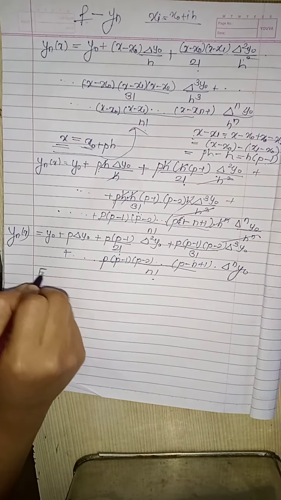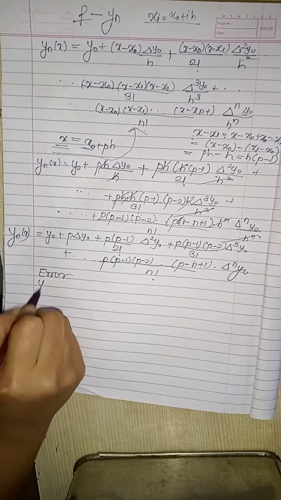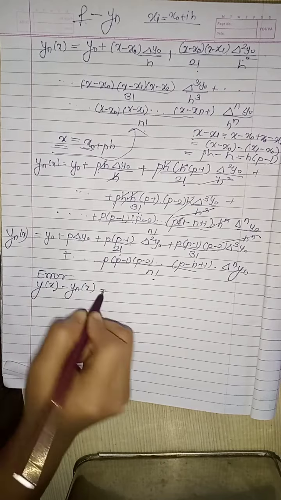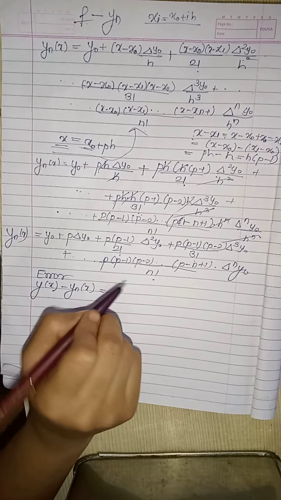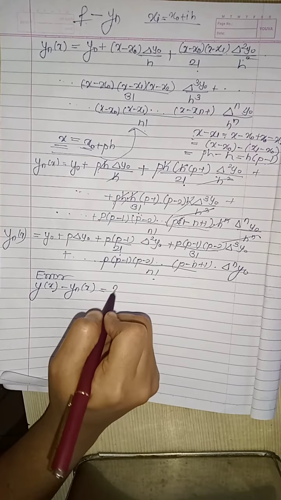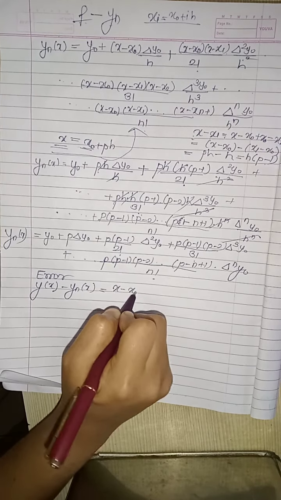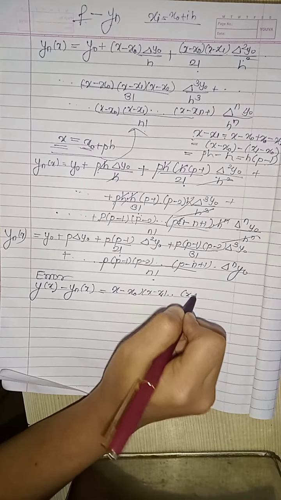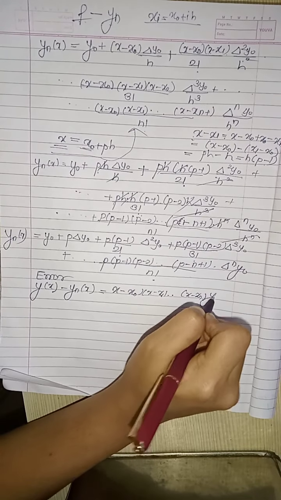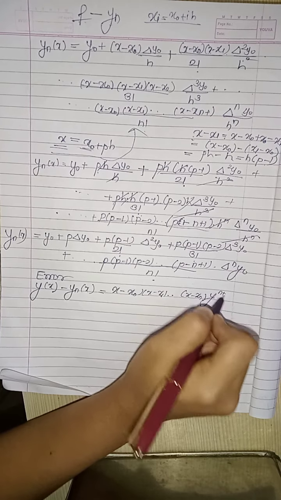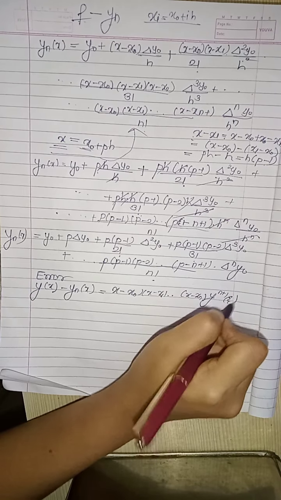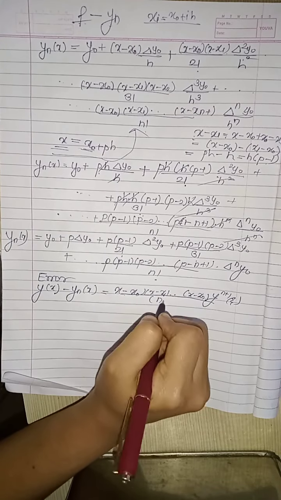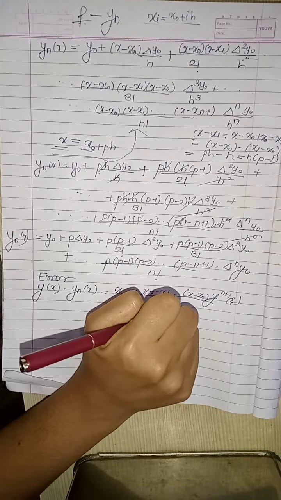So to calculate the error, y of x minus yn of x is, by the general formula, x minus x0, x minus x1 up to so on, x minus xn into y raised to n plus 1 of some variable eta, upon n plus 1 factorial.